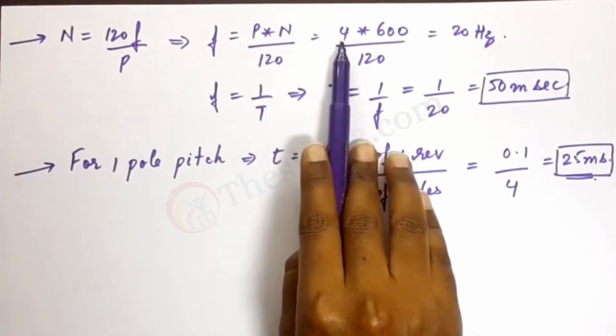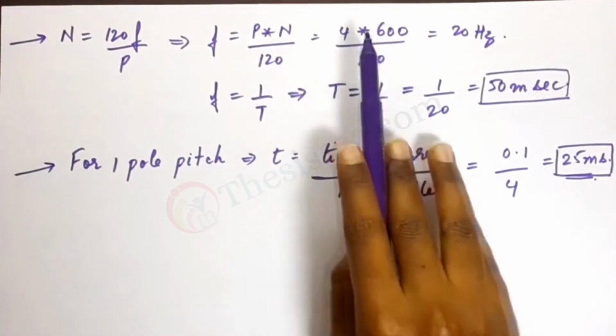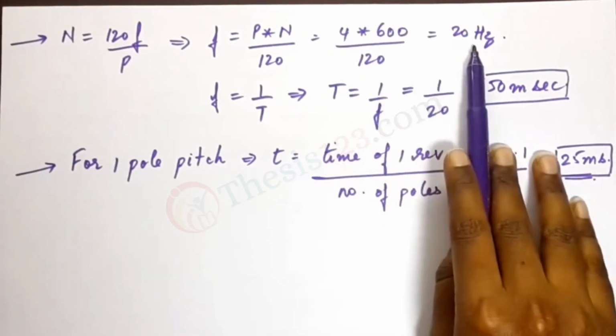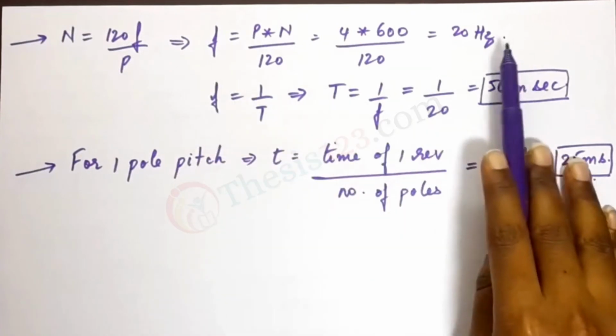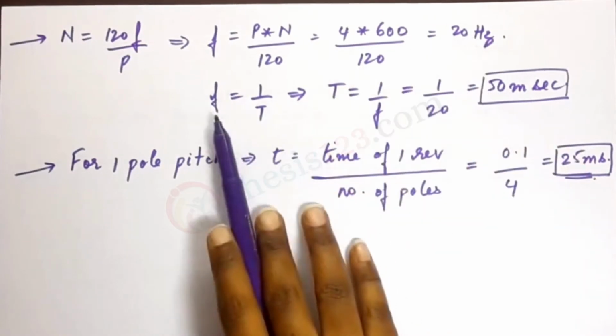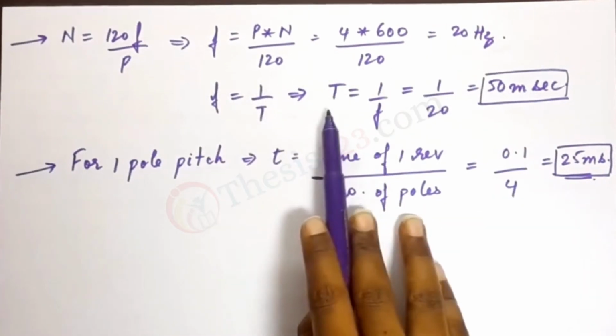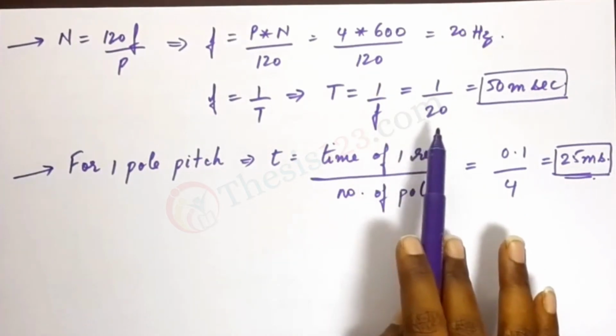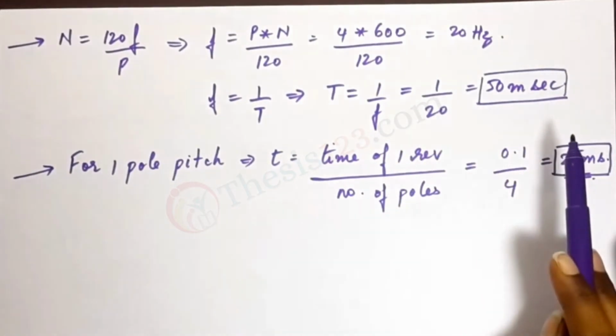The number of poles 4, N is 600 divided by 120, and to solve that, we get 20 Hertz. So if the frequency is 20 Hertz, we can calculate the total time period of 1 complete cycle. F is 1 by T. So T is 1 by F. So 1 by F is 1 by 20, which gives us 50 milliseconds.